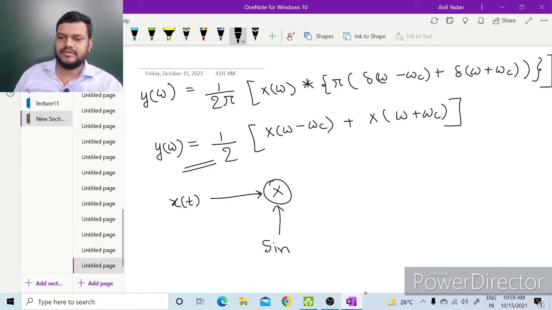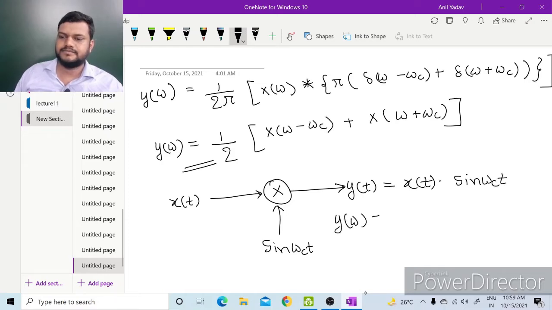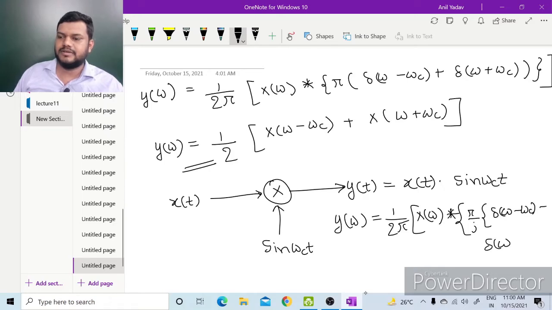If we take sin omega c t, then y(t) will be x(t) multiplied with sin omega c t, and Y(omega) will be 1 upon 2 pi X(omega) convolved with the Fourier transform of sin omega c t, which is pi by j times delta(omega minus omega c) minus delta(omega plus omega c).